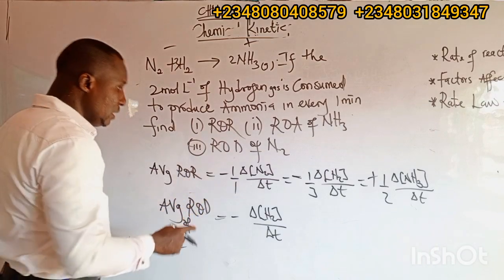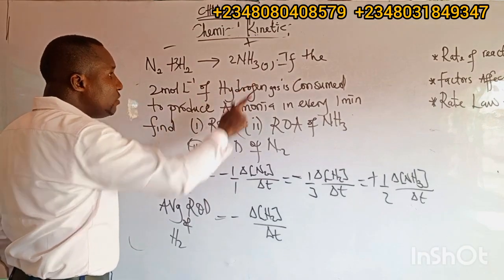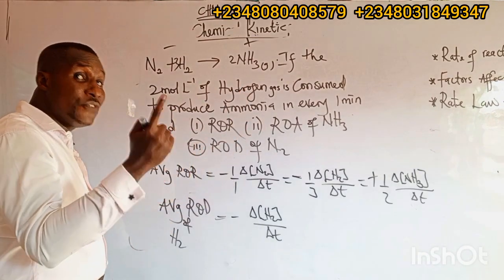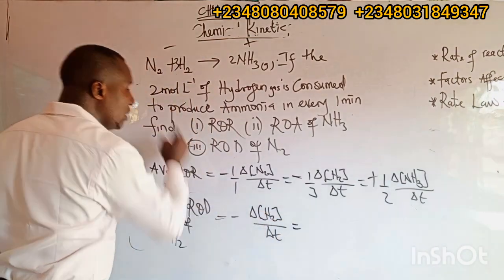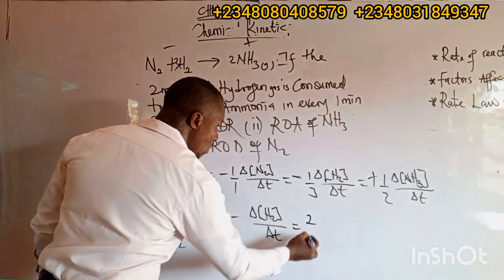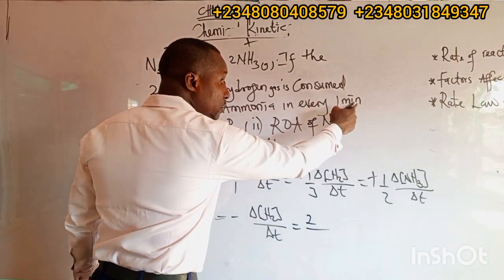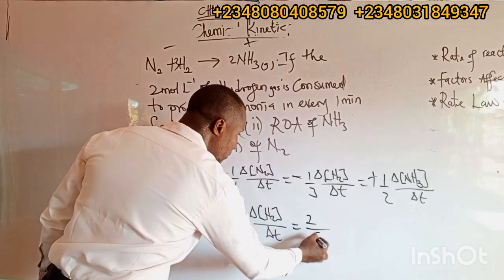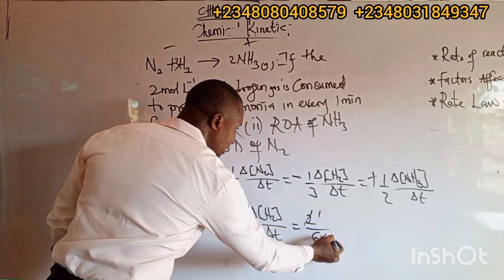Take note of that. Then they now say 2 moles per liter of hydrogen gas is consumed every what? 1 minute. That means the concentration change is given as 2 over 1 minute. 1 minute makes how many seconds? 60 seconds. So 2 over 60 gives 1/30.